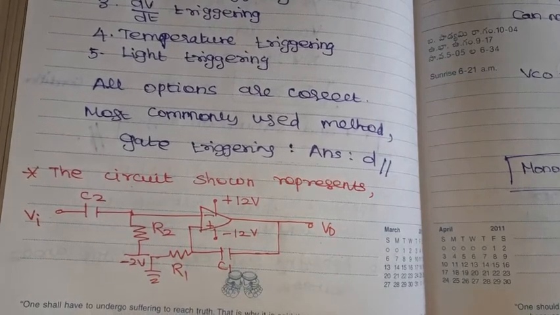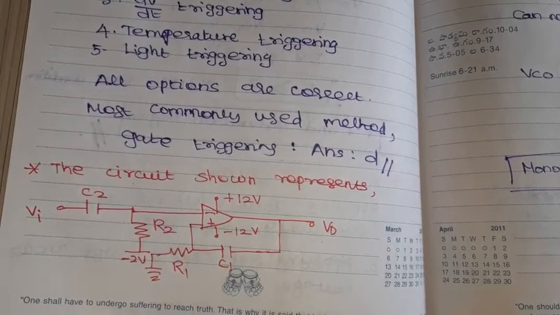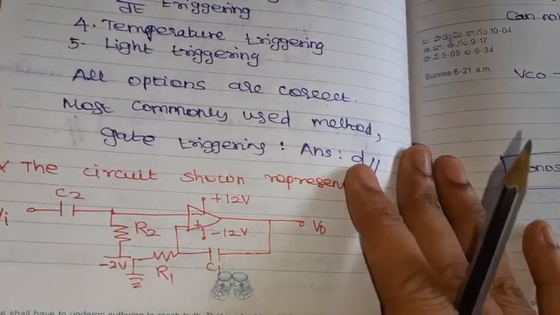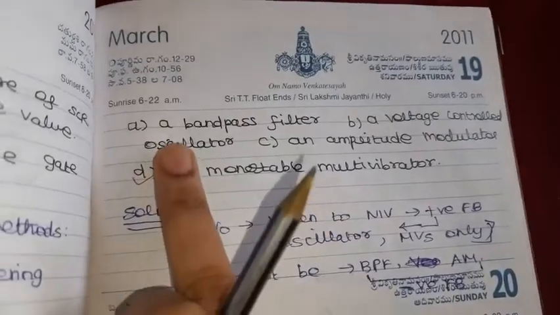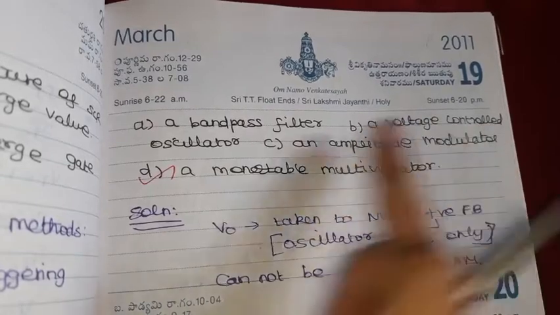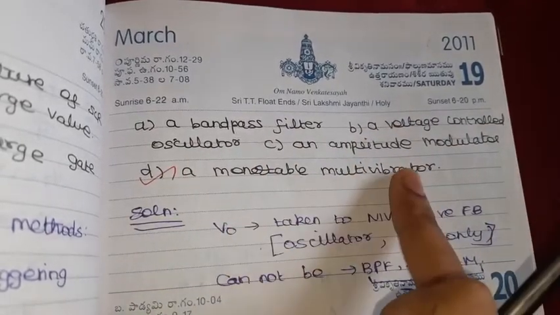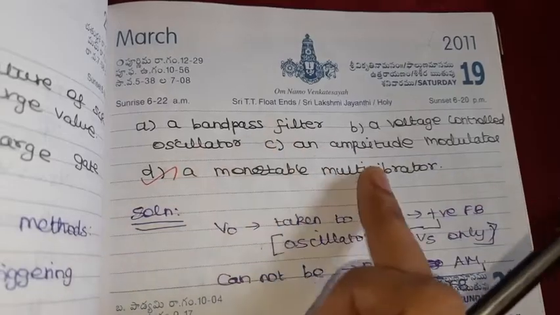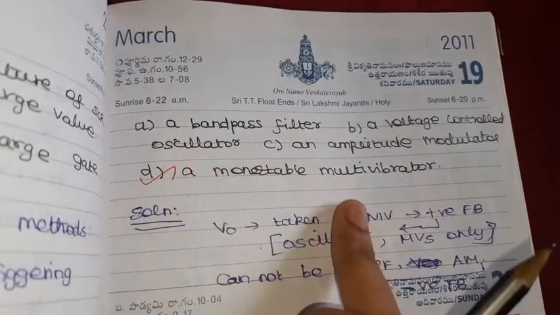For oscillators and multivibrators only, we give positive feedback. It cannot be a band pass filter or amplitude modulator. It may be a voltage controlled oscillator or a monostable multivibrator.